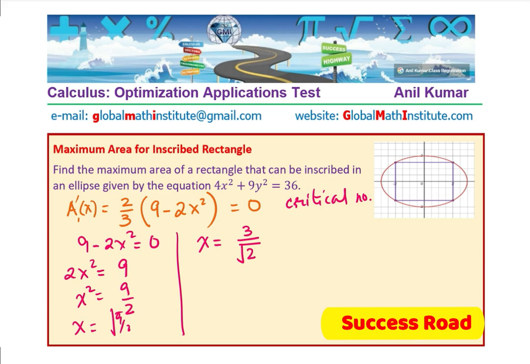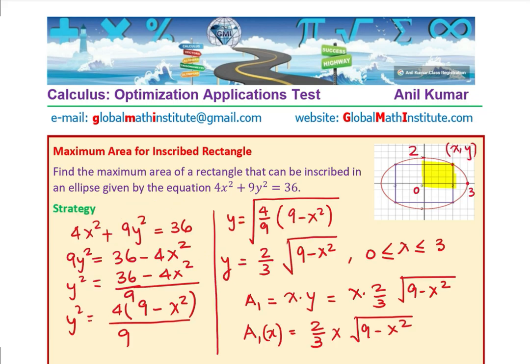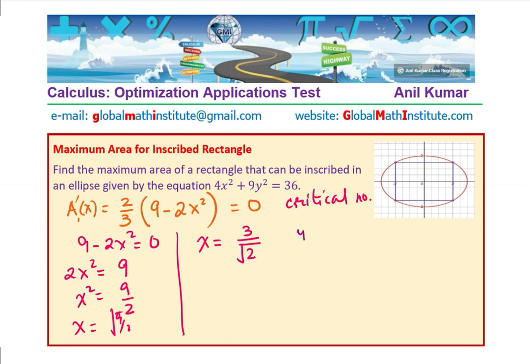Now we had an expression for y also, right? So if I put this value for x, I get the value of y. Earlier we had isolated what y is. So y is 2 over 3 square root of 9 minus x squared, correct?